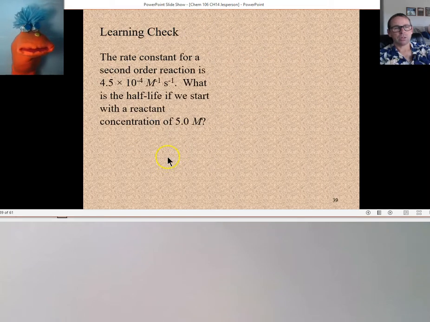All right, so if we're given the rate constant for a second order reaction, here it is. What's the half-life if we start with the concentration of 5? Well, we can use this equation again, which is the equation for the second order reactant half-life.